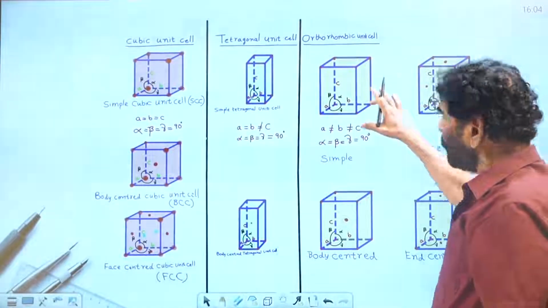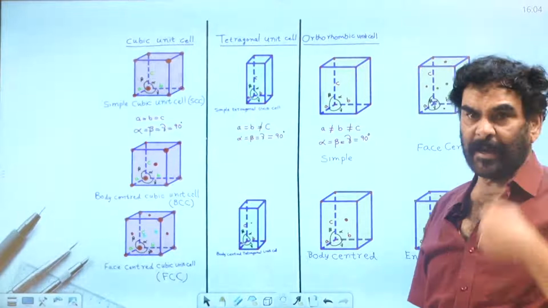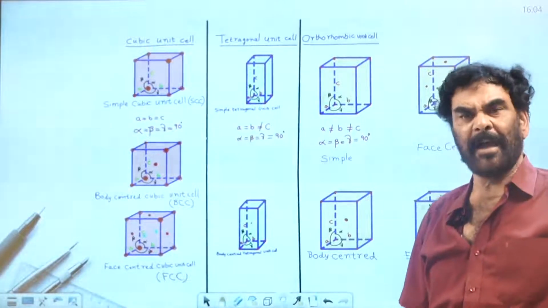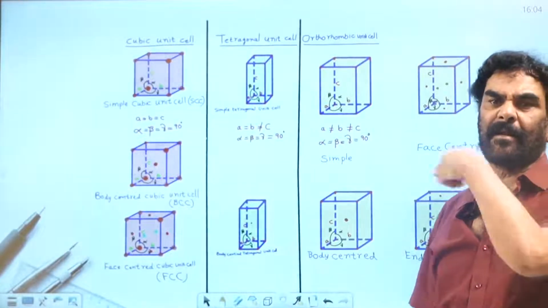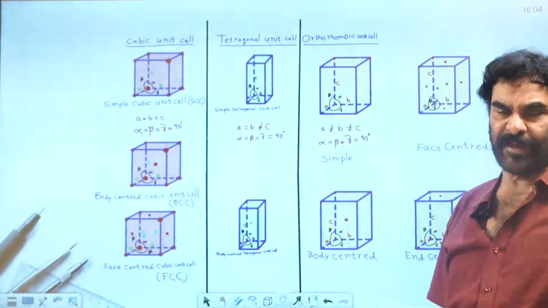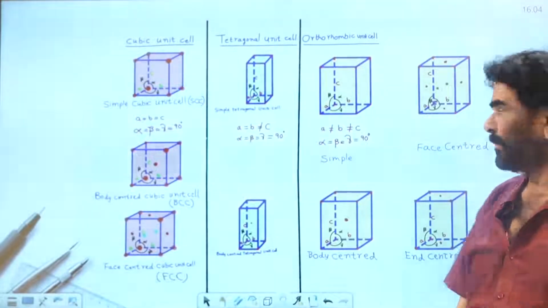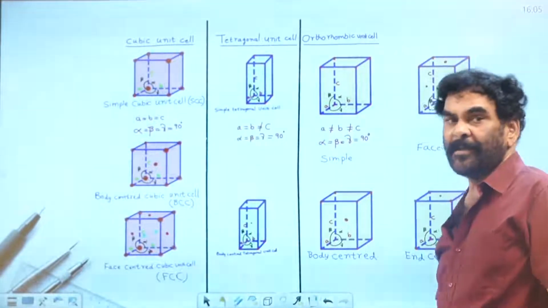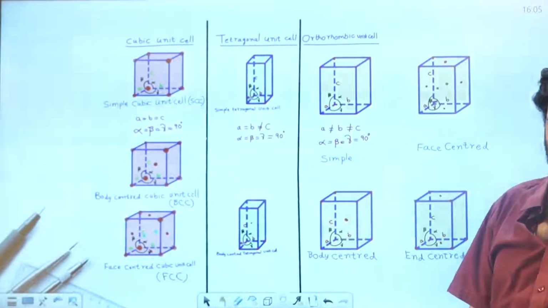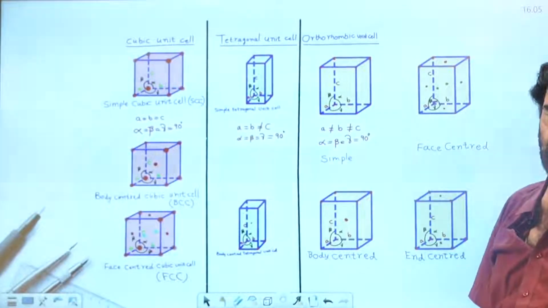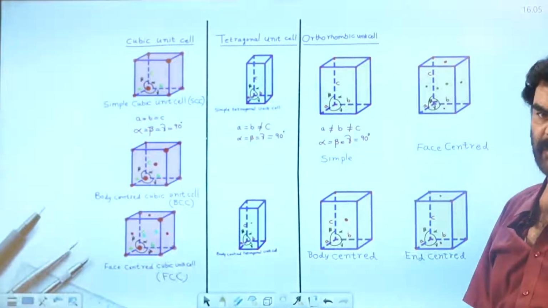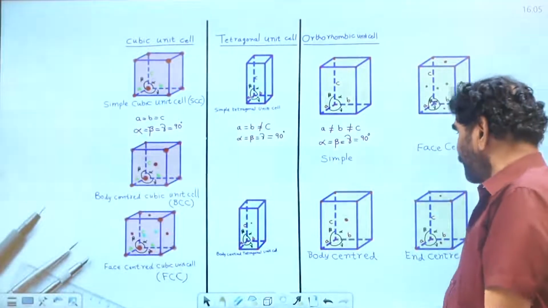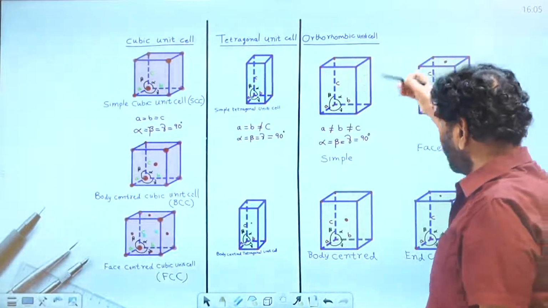Now, in the orthorhombic unit cell, further based on the distribution of the lattice points, I told you every unit cell contains 8 corners, 6 face centers and 1 body center. That is it. Here, how many are possible based on the distribution? That is, how the lattice points are distributed, the motifs are distributed. Lattice point is equal to motif, that is our basis.